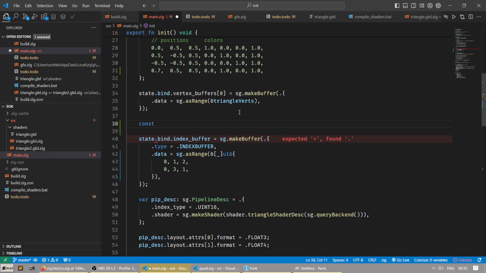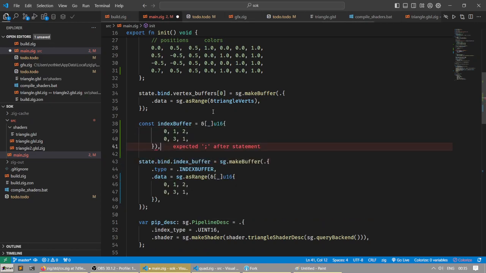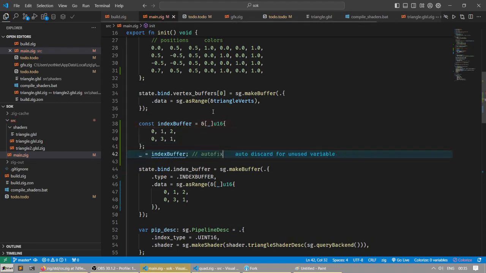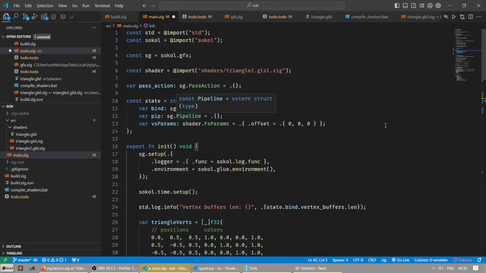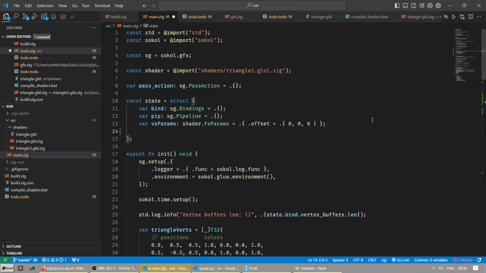What I do is I'm going to create this as a const index buffer, right? And we have that like this. That should be it. It's not used, but I'm going to transfer the number of vertices. I'm going to add them into the state.